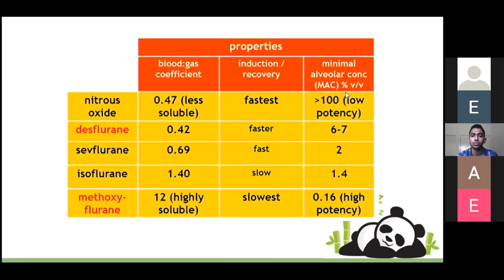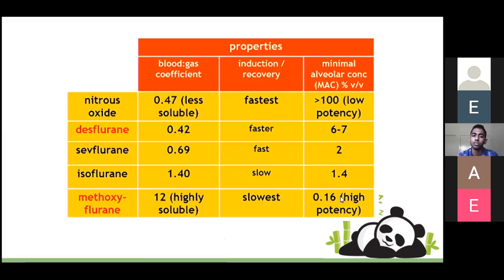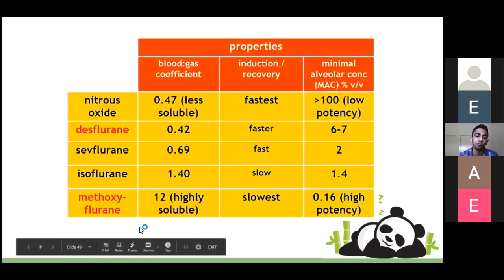This is an unknown kind of mechanism, but it's just correlated. So if you have less solubility, it's less potent. And if we look at the bottom of the table, if you've got high solubility, with more drug in your blood, it's not going to move as quickly into your brain, so it works slower, but it's higher potency. Our main one here is methoxyflurane.